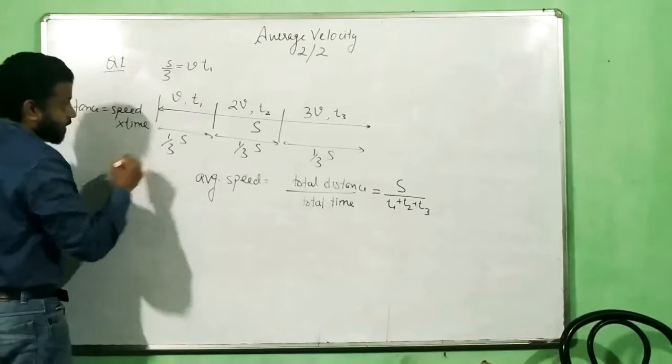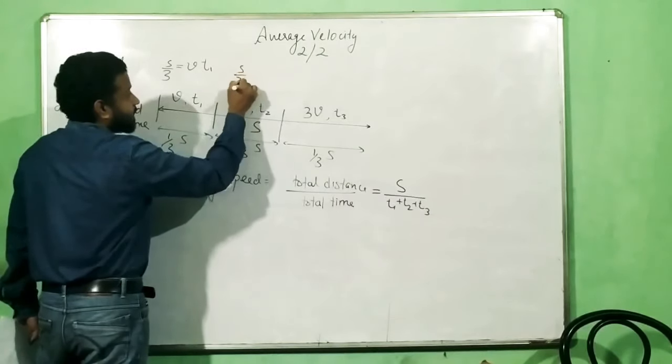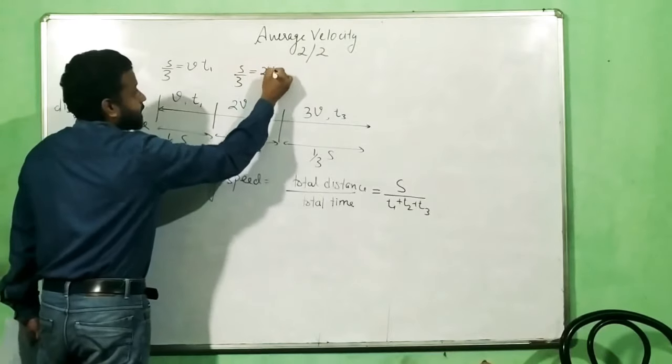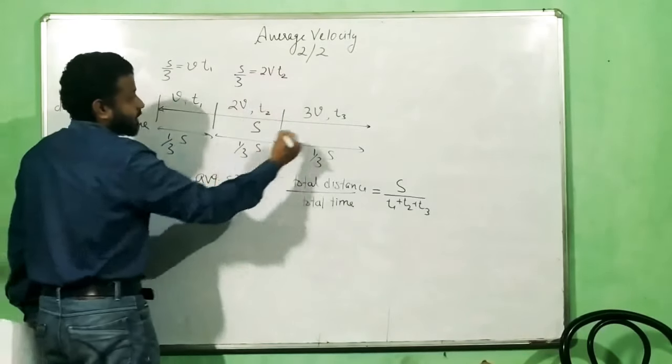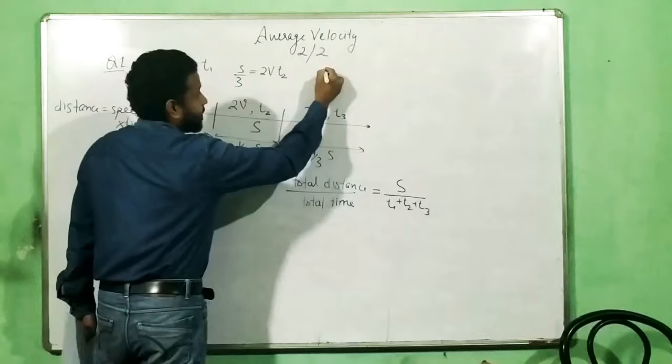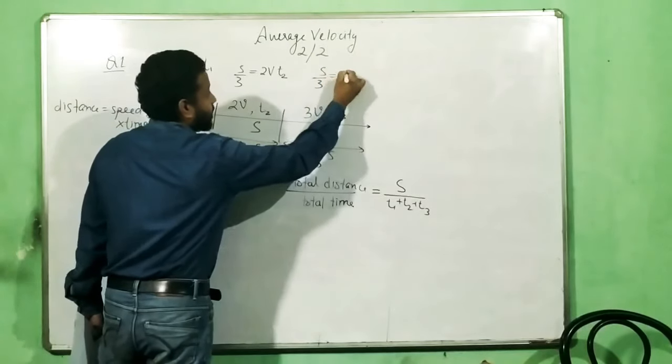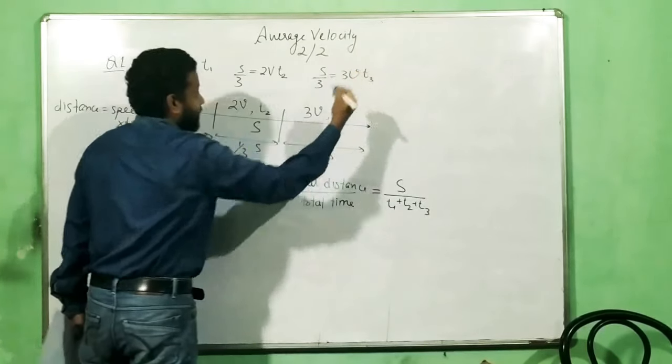Similarly, s by 3 equals 2v multiplied by t2, and s by 3 equals 3v multiplied by t3.